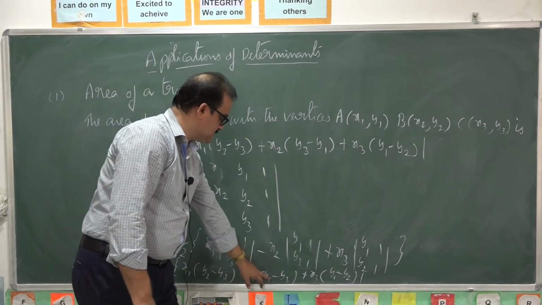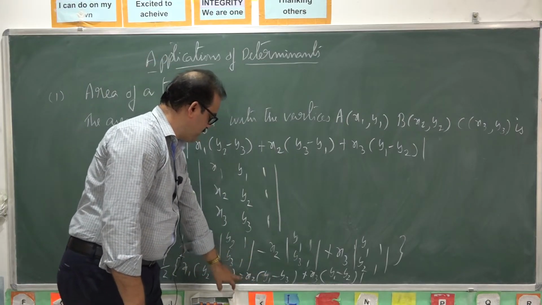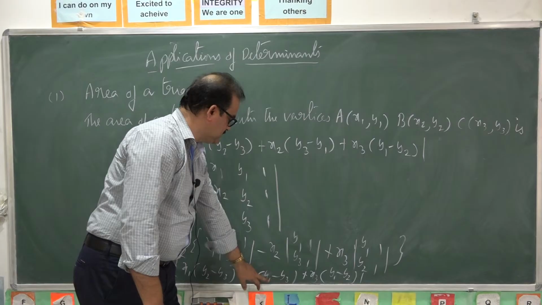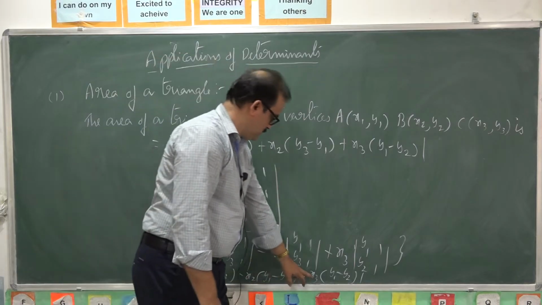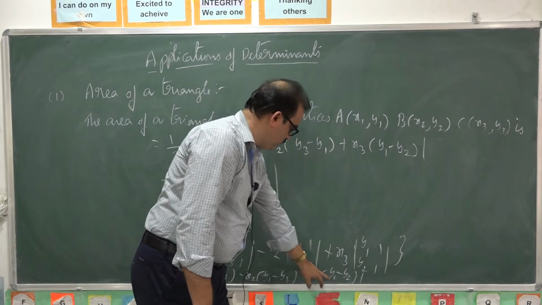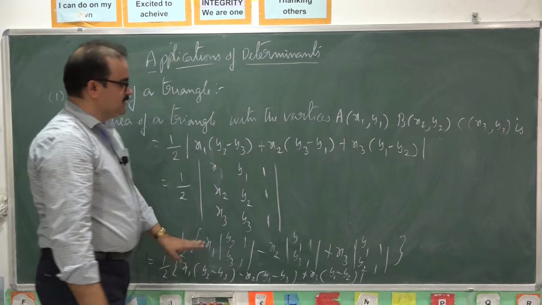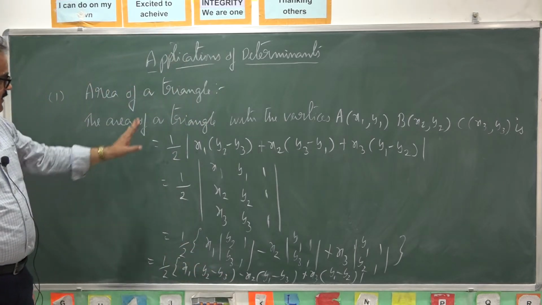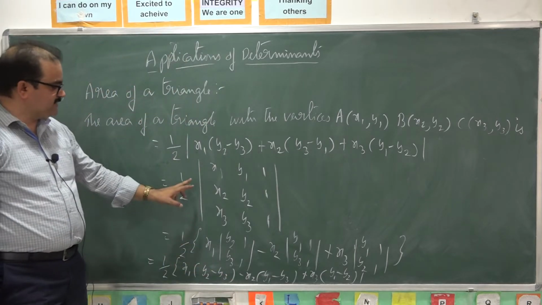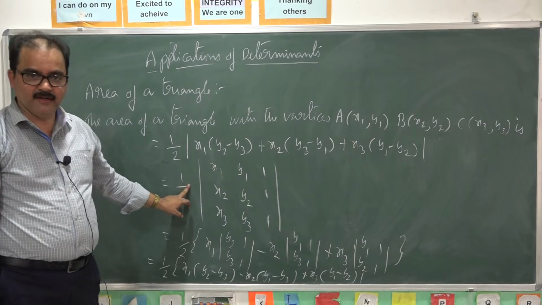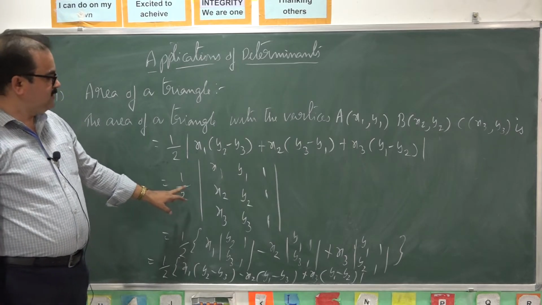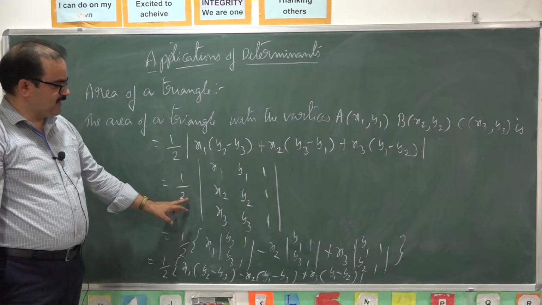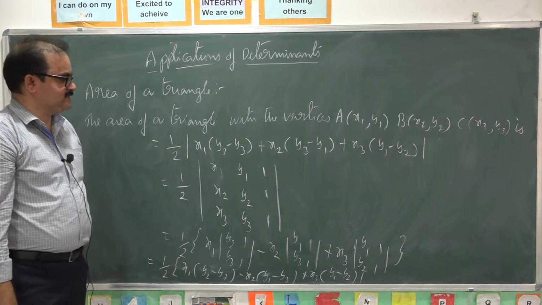If you take minus common here, we get plus x2 into (y3 minus y1) plus x3 into (y1 minus y2). In this way we find the area of the triangle by expanding this determinant also. In this way we find the area of the triangle from the determinants.